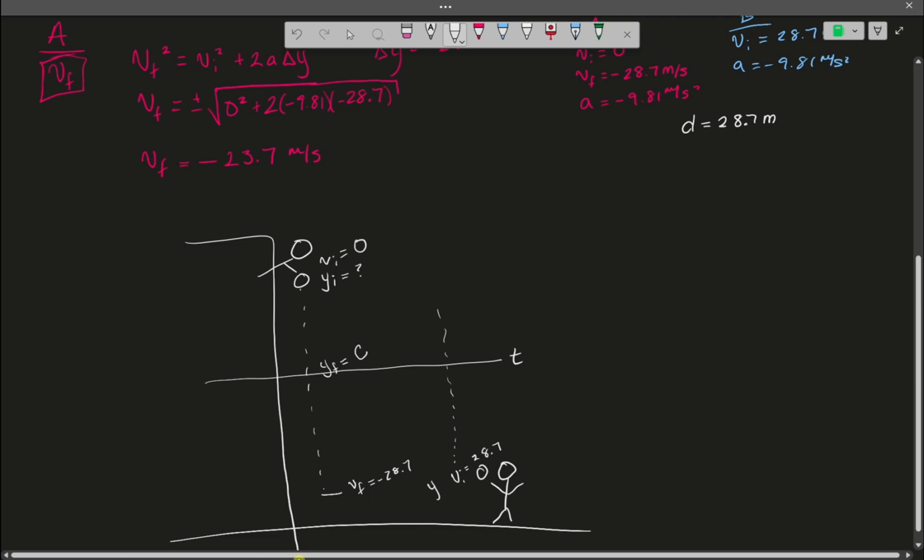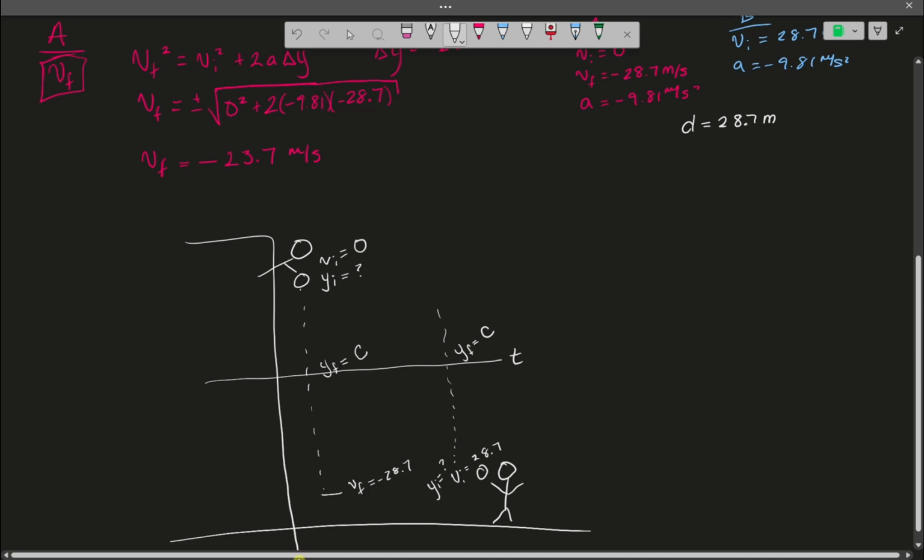This initial position is something, and this final position is going to be equal to C, meaning that they both have the same final position at time t. I can use that as well as time to try to connect them together. So let's see what we can come up with here.